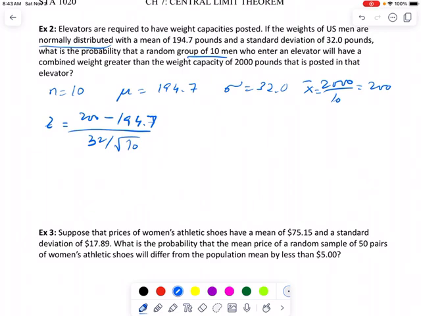So what do we get here? We get about 0.52. So again, we go back to the table, the question, and try to see what it's actually asking.